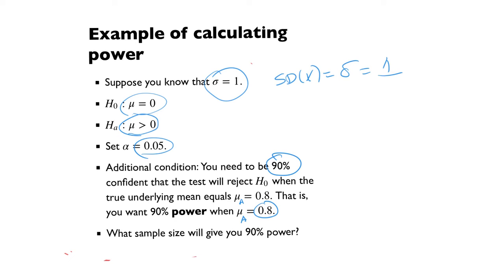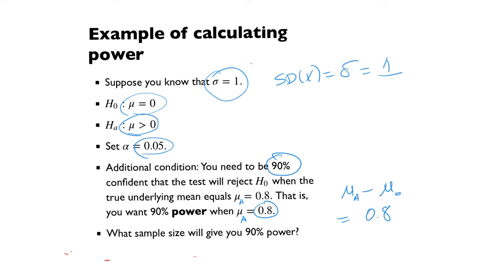If we see a difference from the mean, which is 0, of 0.8 or greater, then we're interested in detecting it statistically. That's what it means. So our effect size is, again, defined to be mu A minus mu 0, which in this case is also just equal to mu A, since the null value is 0.